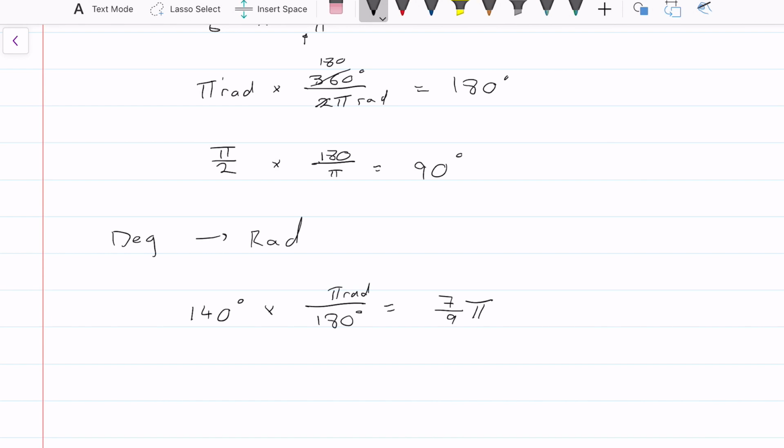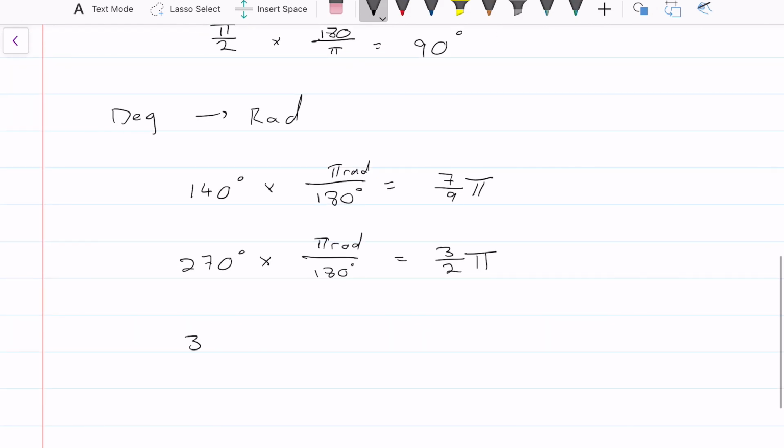Okay, if we have 270 degrees, I want to get rid of the degrees, times pi radians over 180 degrees, equals 3 over 2 pi. Okay, if we have 315 degrees times pi over 180, that equals 7 over 4 pi.